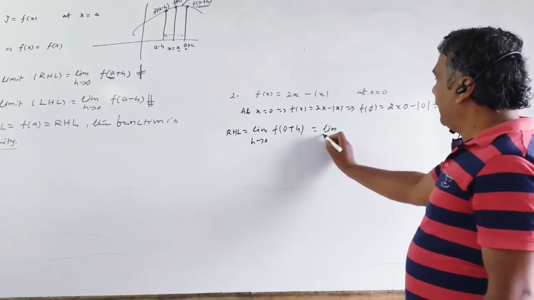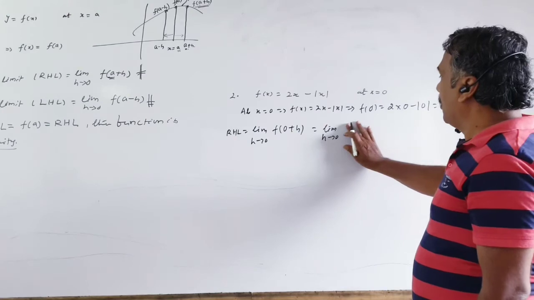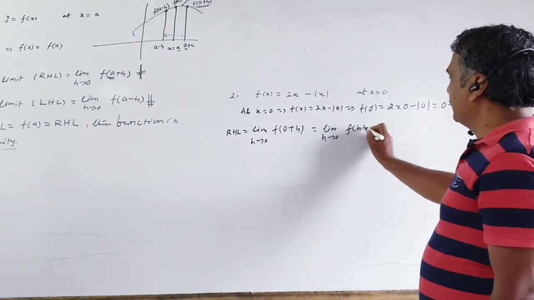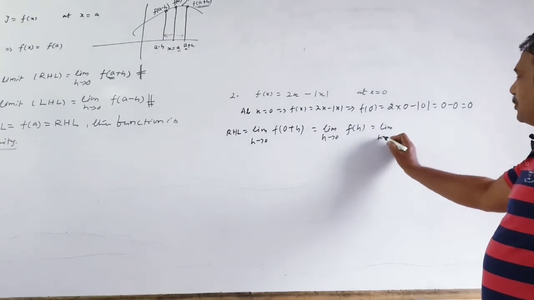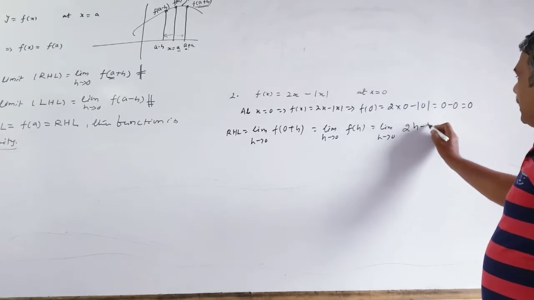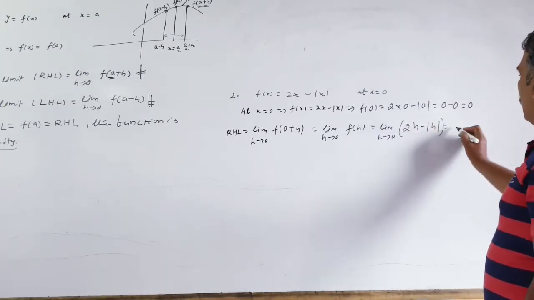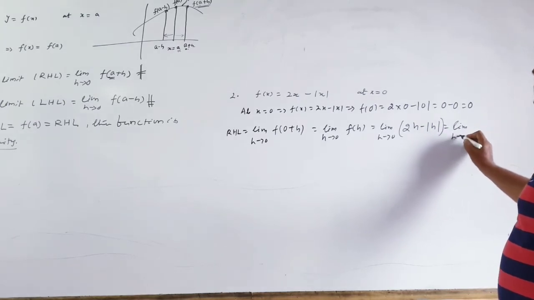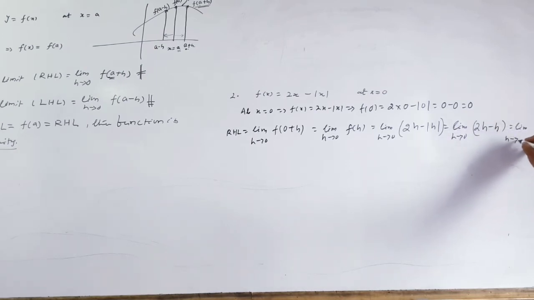The limit x tends to 0 of f of 0 plus h equals 2 into h minus mod of h. Limit x tends to 0 of 2h minus h equals limit x tends to 0 of h, equal to 0.